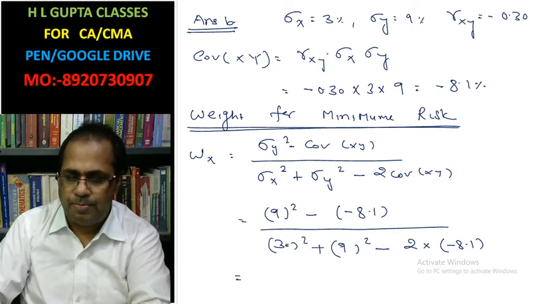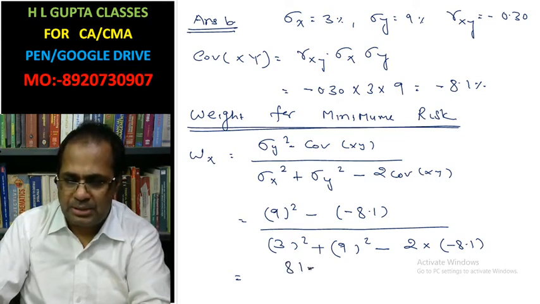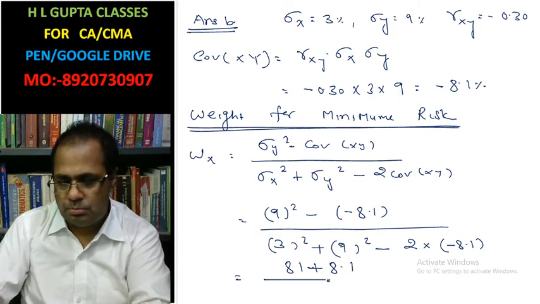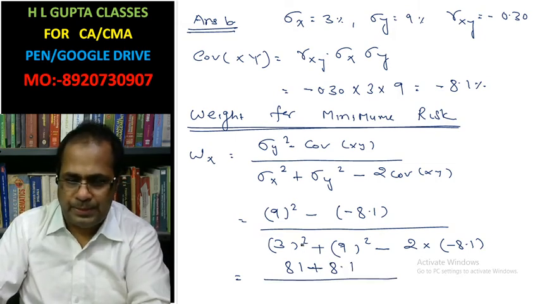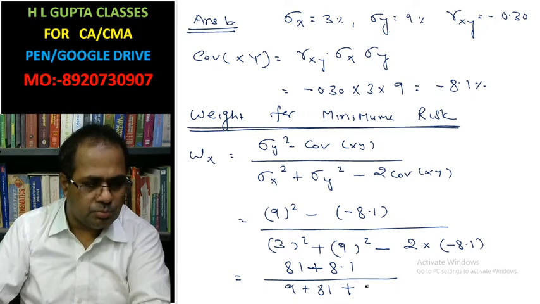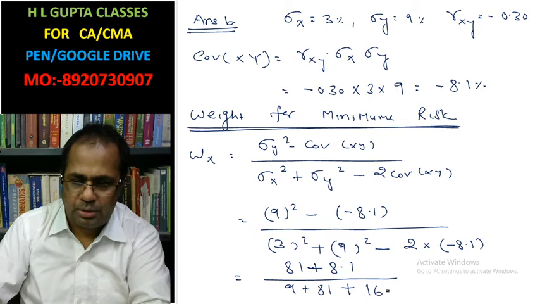This is 81 minus plus 8.1. This is 9 plus 81 minus plus 16.2. This is 16.2.